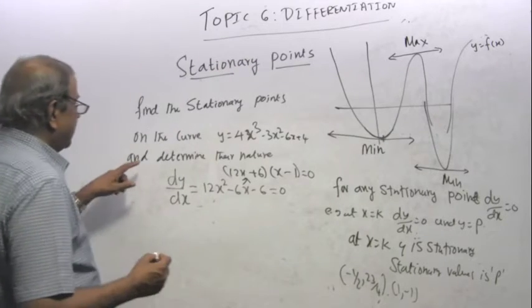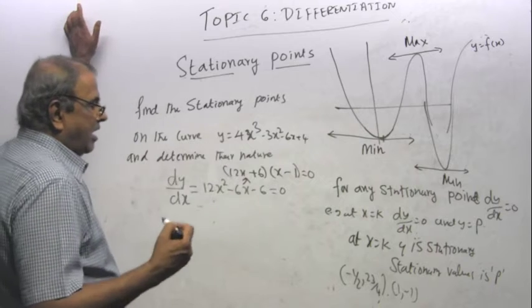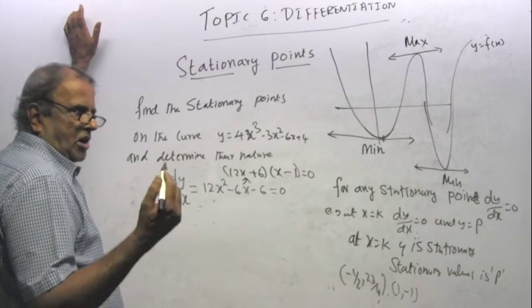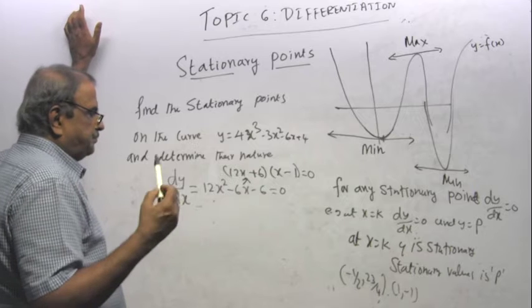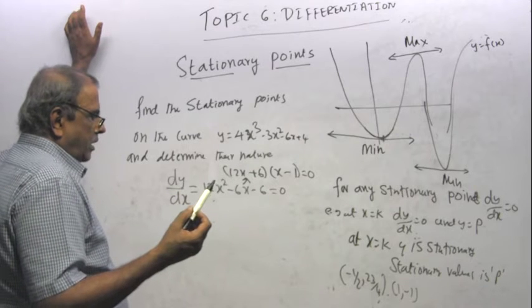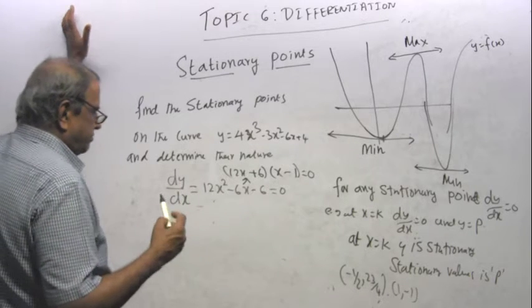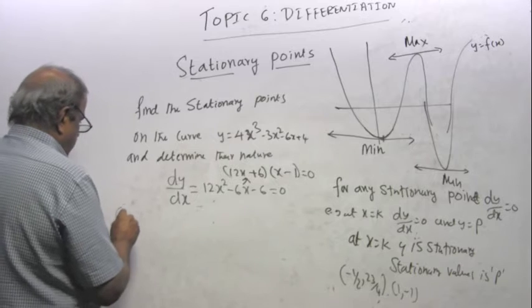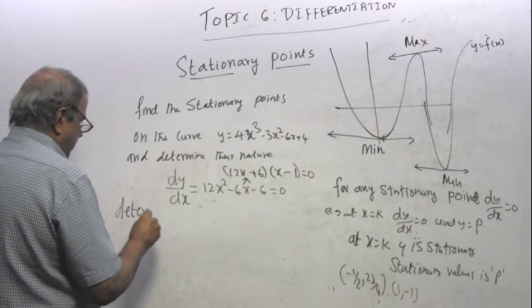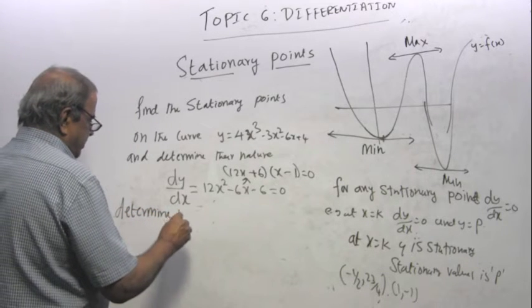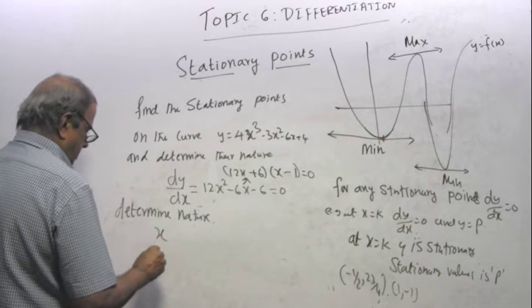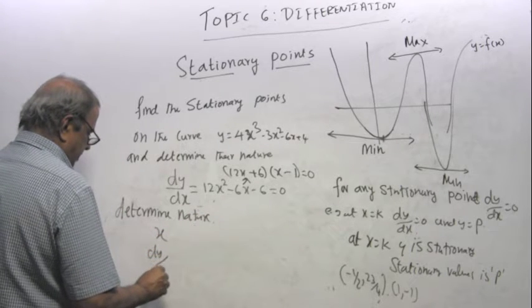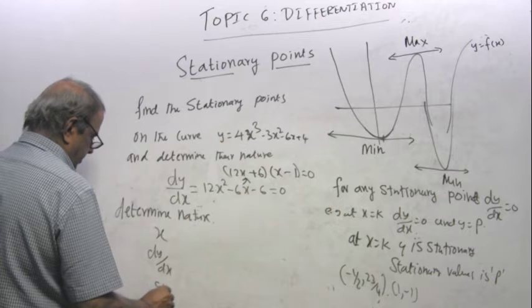But the question says determine their nature. Are they maximum? Are they minimum? So therefore, to determine nature, I will use gradients. Always make a table: x, dy by dx and sketch.